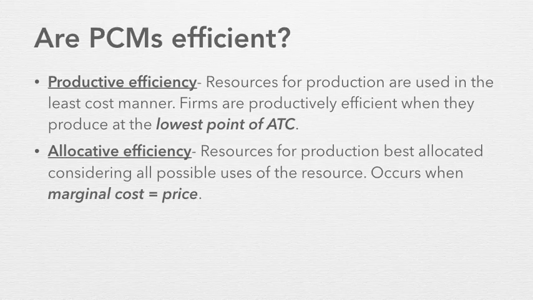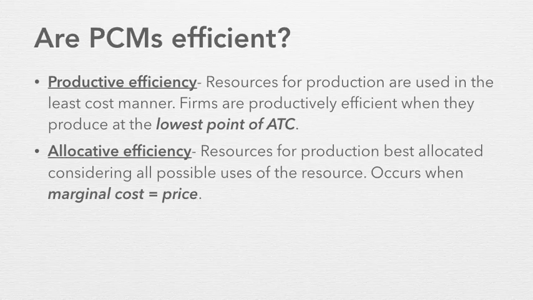That happens for a productively efficient firm at the lowest point of the average total cost curve. Allocative efficiency occurs when supply and demand are equal, as we saw in microeconomics, but when the output of the equilibrium level of supply and demand are the same as the profit maximization level for perfectly competitive markets, we should see allocative efficiency too.